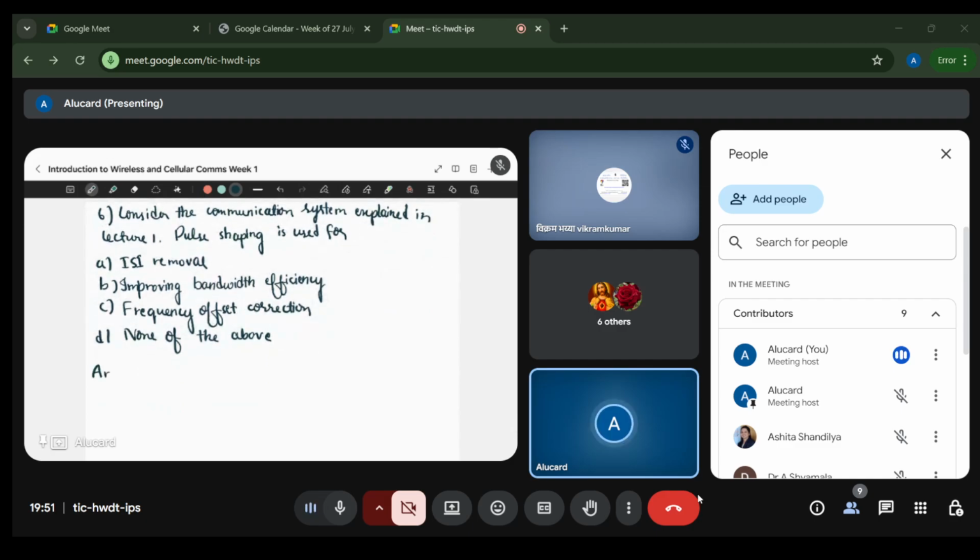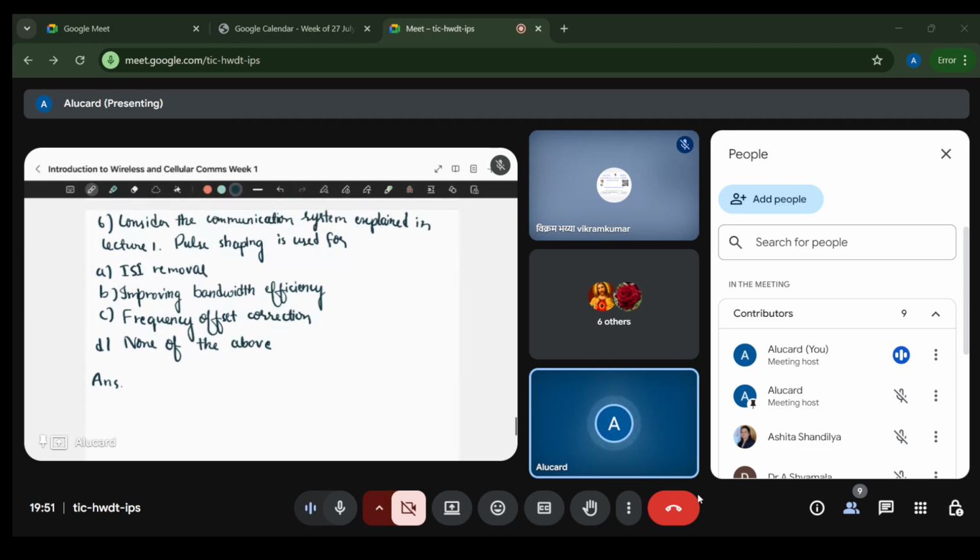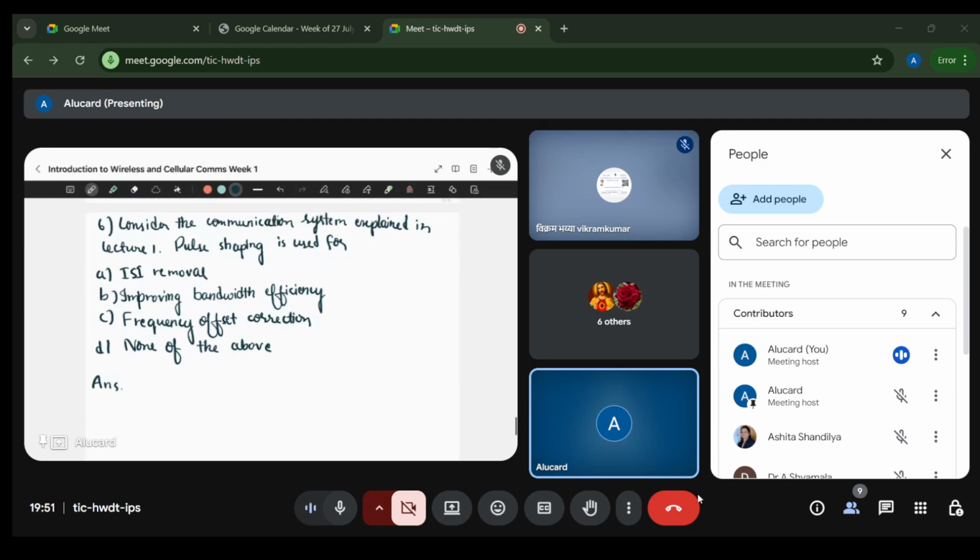So here, actually, pulse shaping is used to improve bandwidth efficiency, but it can also be used for ISI removal. So if you have to pick one option, at least in this course, it's better to pick improving bandwidth efficiency.